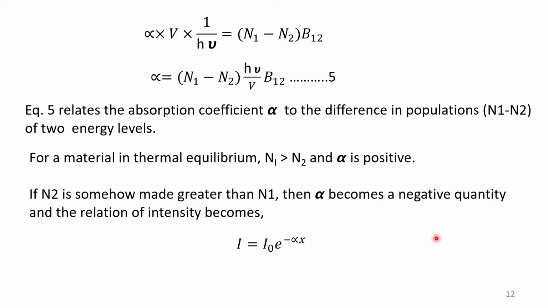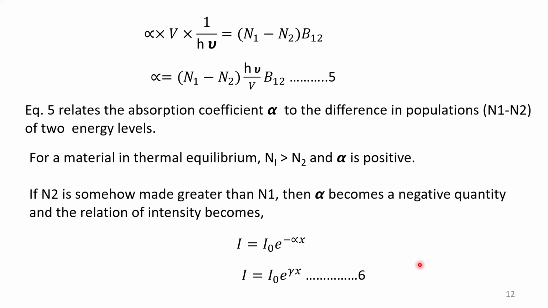Now that means when the radiation passes through any material, the intensity of that radiation can be expressed by using the equation I is equal to I0 into e raised to minus alpha x. Here alpha is the absorption coefficient.